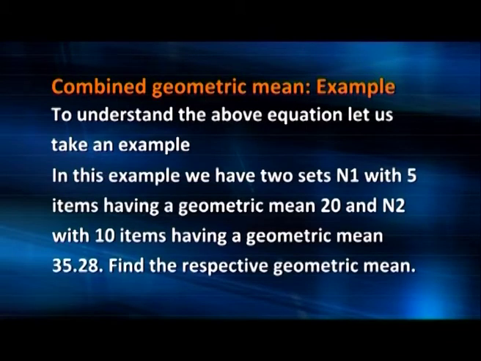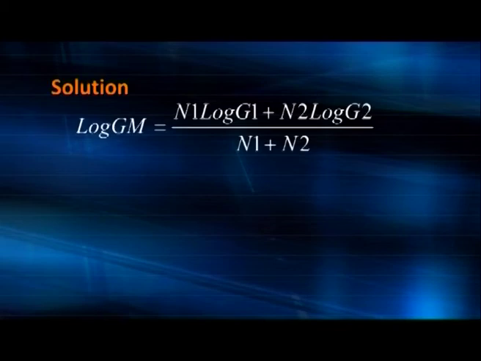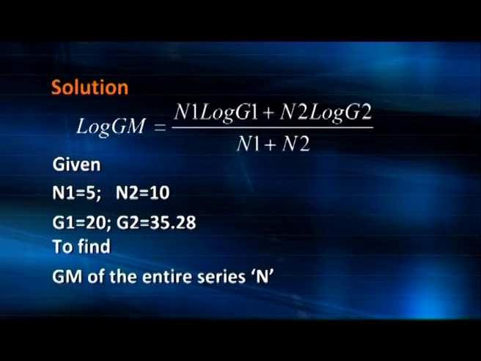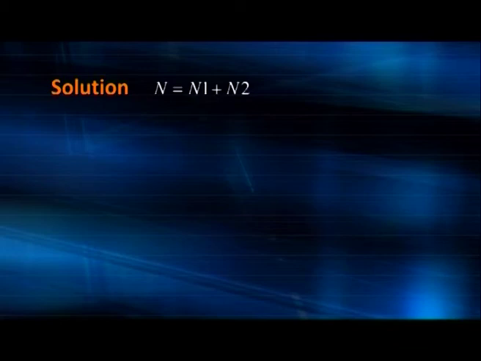In this example, we have two sets, n1 with 5 items having a geometric mean 20 and n2 with 10 items having geometric mean 35.28. Find the combined geometric mean. By applying the formula and substituting the given values, that is, n1 as 5, n2 as 10, g1 is equal to 20 and g2 is 35.28, we find the GM of the entire series N. N is equal to the total of n1 plus n2.